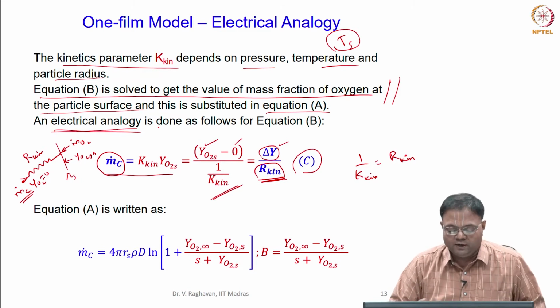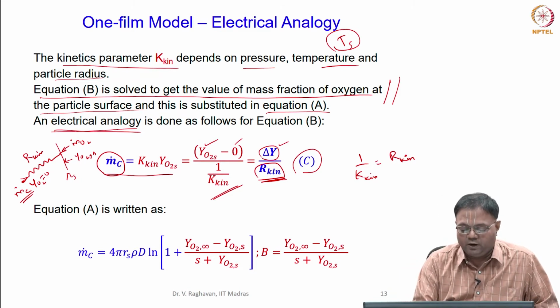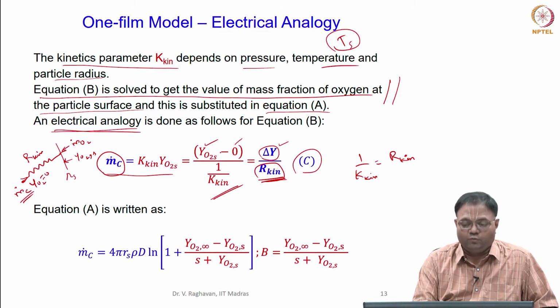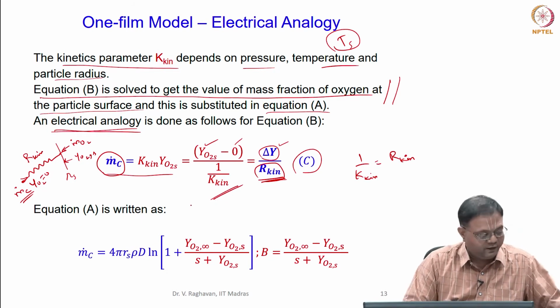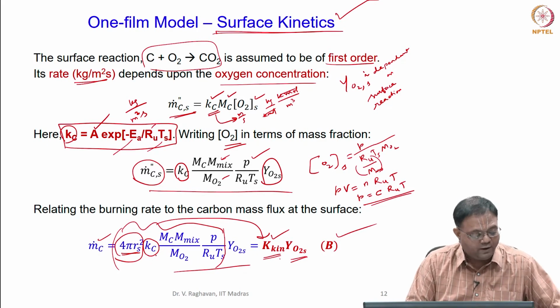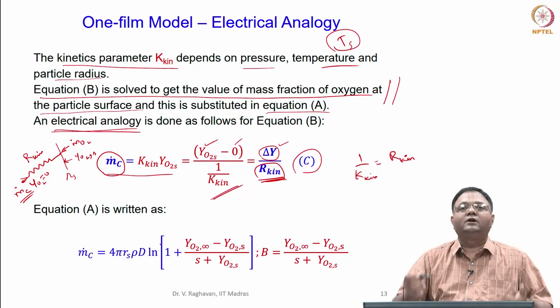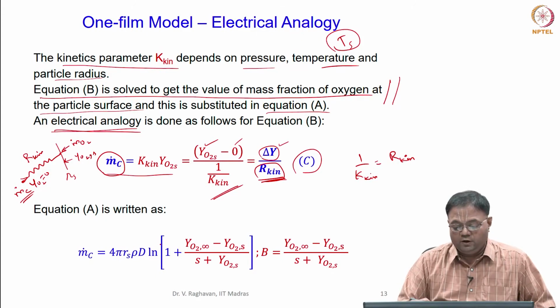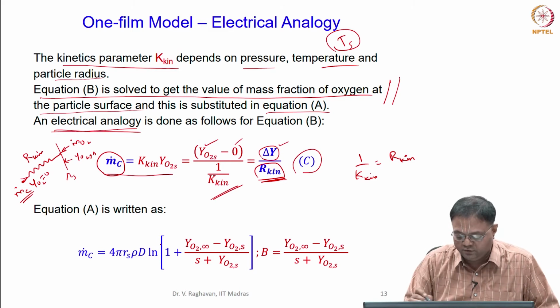Similar to that analogy, we are taking the difference in the mass fraction of O2 as a driving force, and the resistance offered is inversely proportional to the reaction rate. Correct. K kinetics is proportional to the reaction rate basically, so 1 by that will be inversely proportional. That will be the resistance of the chemical kinetics. Okay, so that is one way to do it.